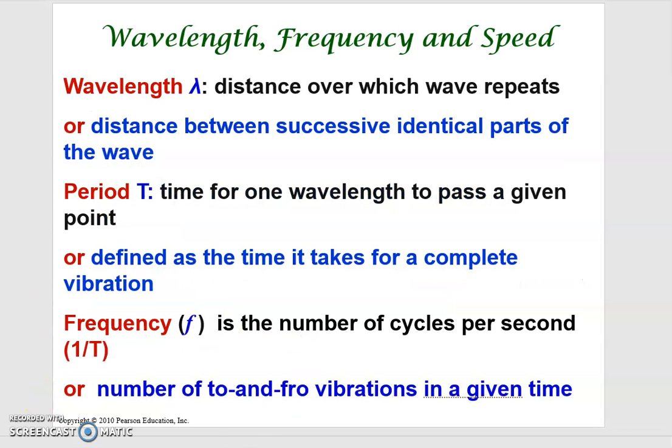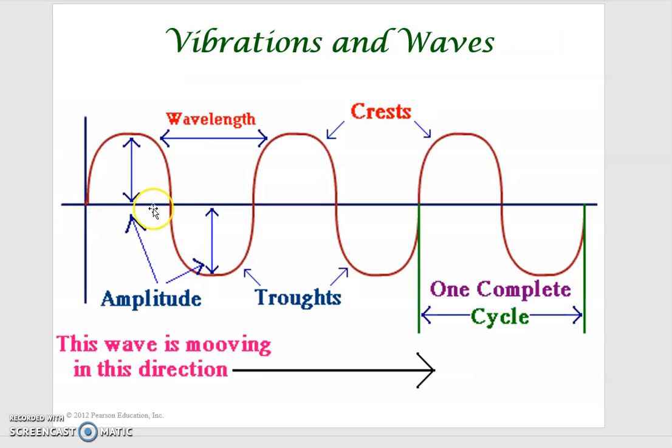So now let me define what I mean by period and frequency. The wavelength is the distance over which the wave repeats itself. Now the period is the time for one wavelength to pass through a given point. For example, if you have a point in space, which is point A here, a wave will propagate through this point.